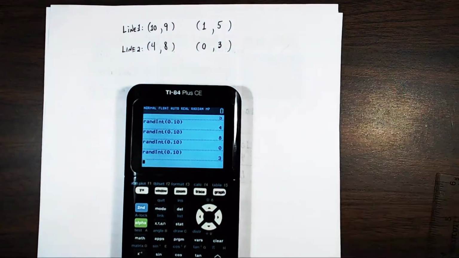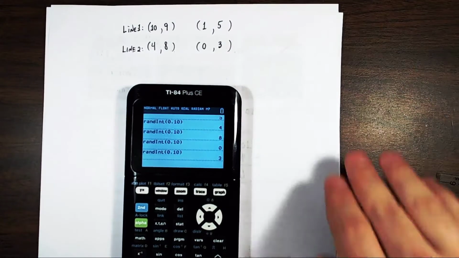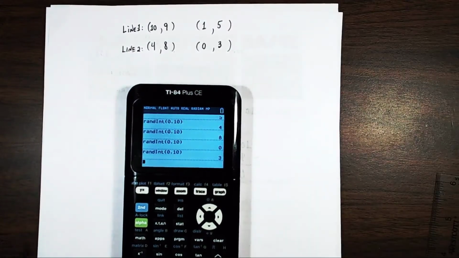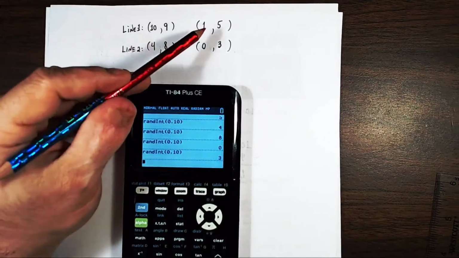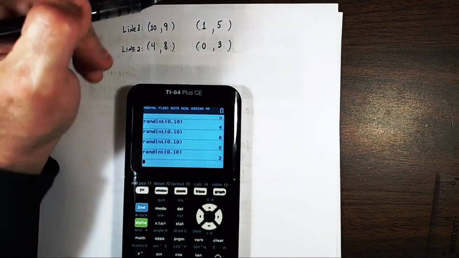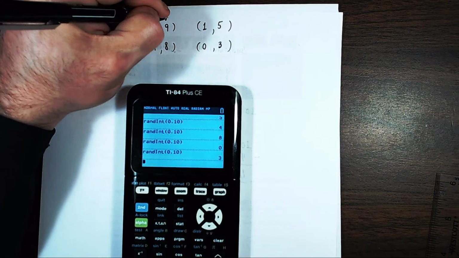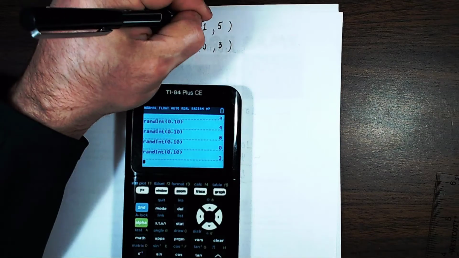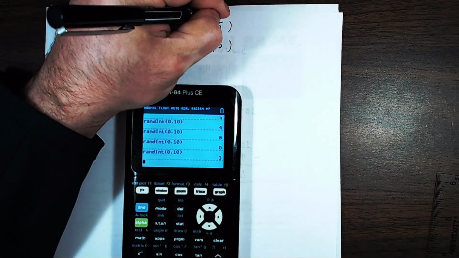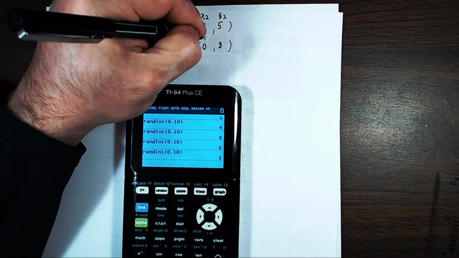Okay, you might get different random numbers, but these were randomly generated. I had no anticipation that I would get these numbers, but what we have here are x values and y values. So we label these x1, y1, x2, y2.